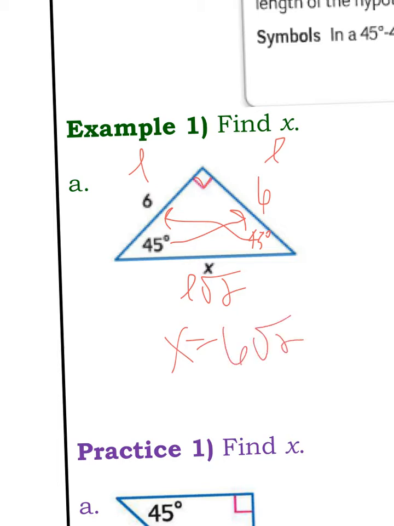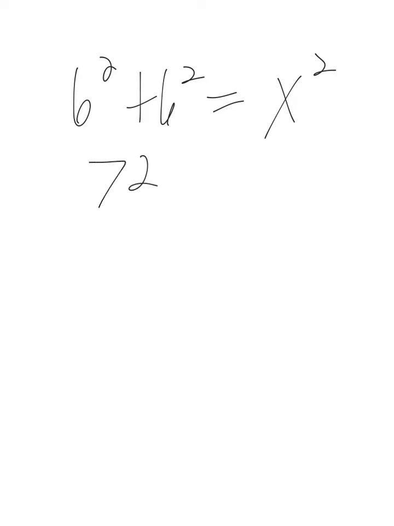Now, this might seem completely foreign to you, but again, everything is justified by the Pythagorean theorem. Over here on the side, I'm going to do the Pythagorean theorem with 6 squared plus 6 squared, and that's going to equal x squared, because I was looking for x. So this is going to be 72 equals x squared, which means x is going to equal the square root of 72.